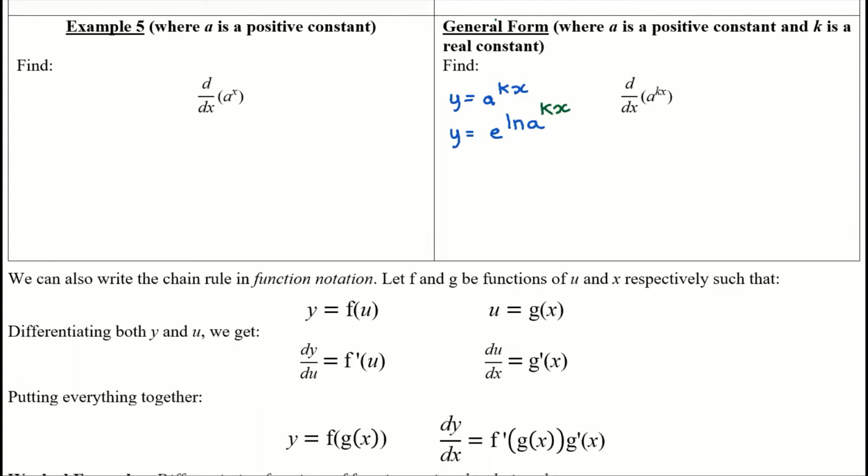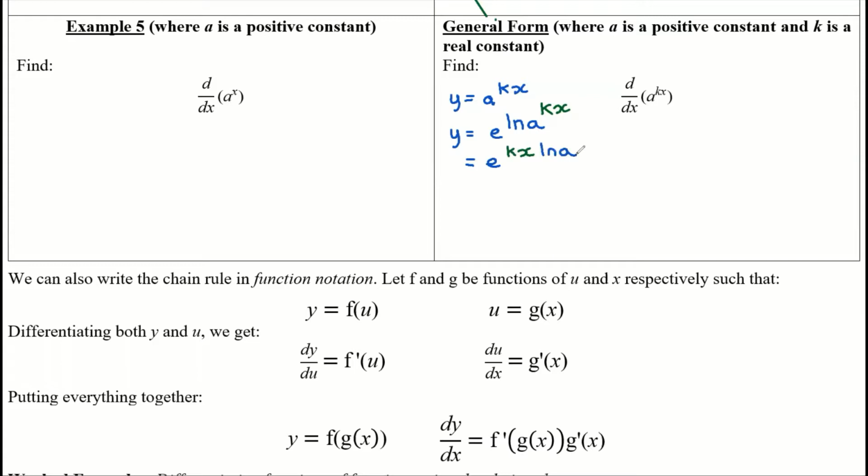Now, also using the laws of logarithms, we now know that that is exactly the same as e to the kx, bringing the kx down, multiplying the natural log of a.